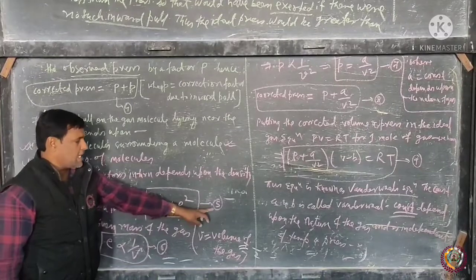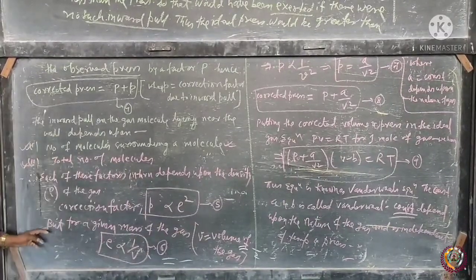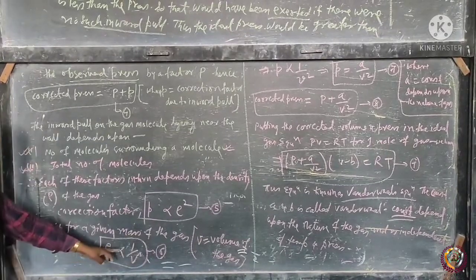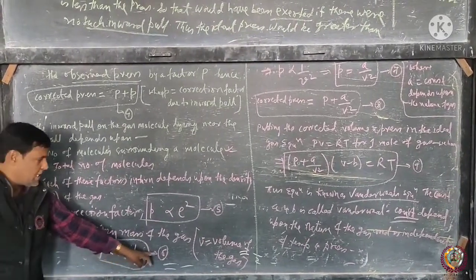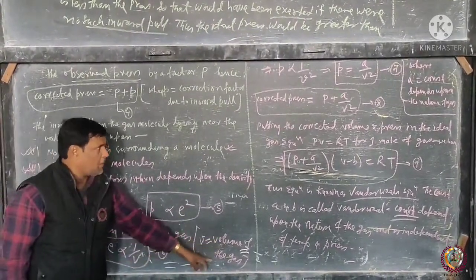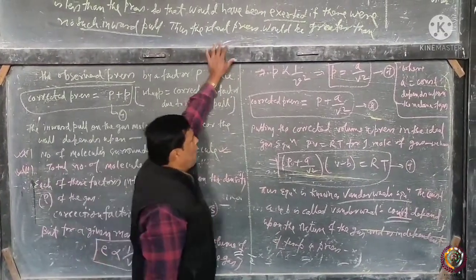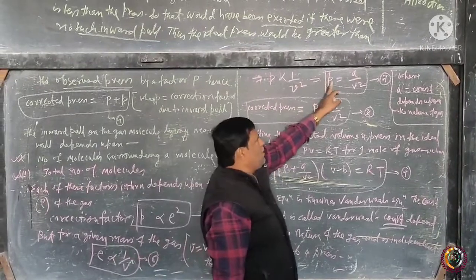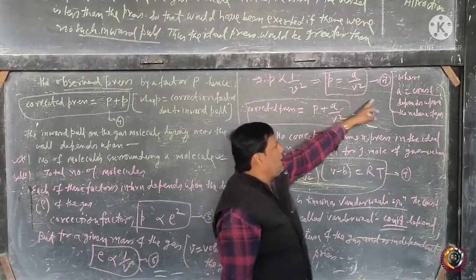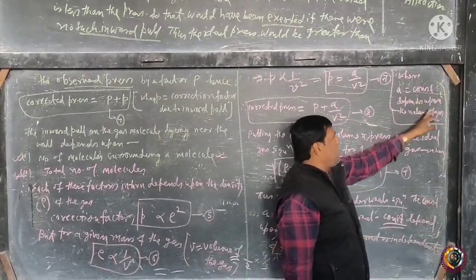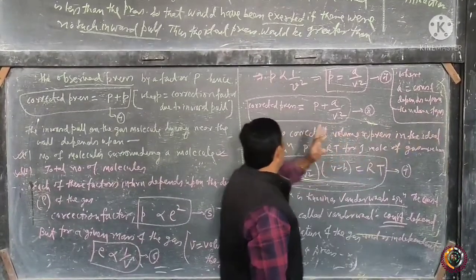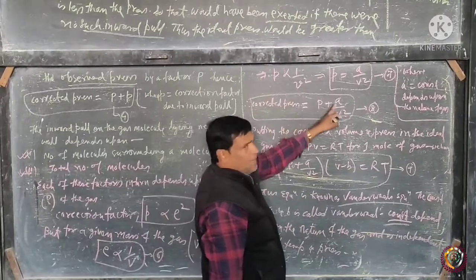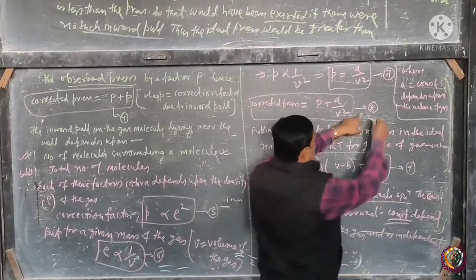This is denoted by equation 5. But for a given mass of the gas, rho is proportional to 1 by V, that is equation 6, where V is the volume of the gas. Therefore, p is proportional to 1 by V square, and p is equal to a by V square, where a is a constant and depends upon the nature of the gas. Therefore, the corrected pressure is equal to P plus a by V square, and it is denoted by equation 8.